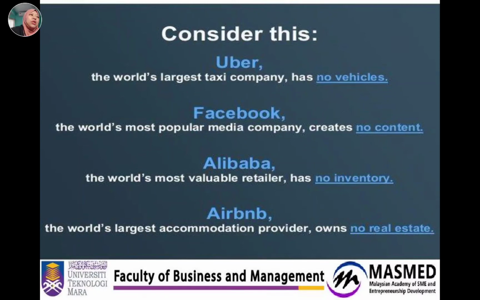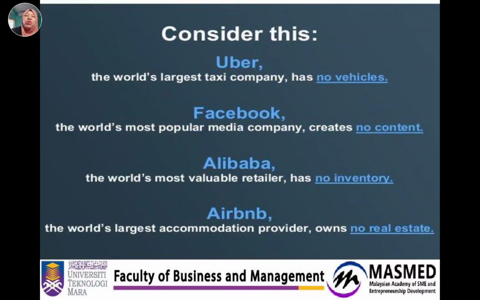To conclude my slides today, when it comes to business opportunity identification, you have to remember that the world's largest taxi company has no vehicles, which is Uber. Of course, in Southeast Asia, Grab is more popular compared to Uber.